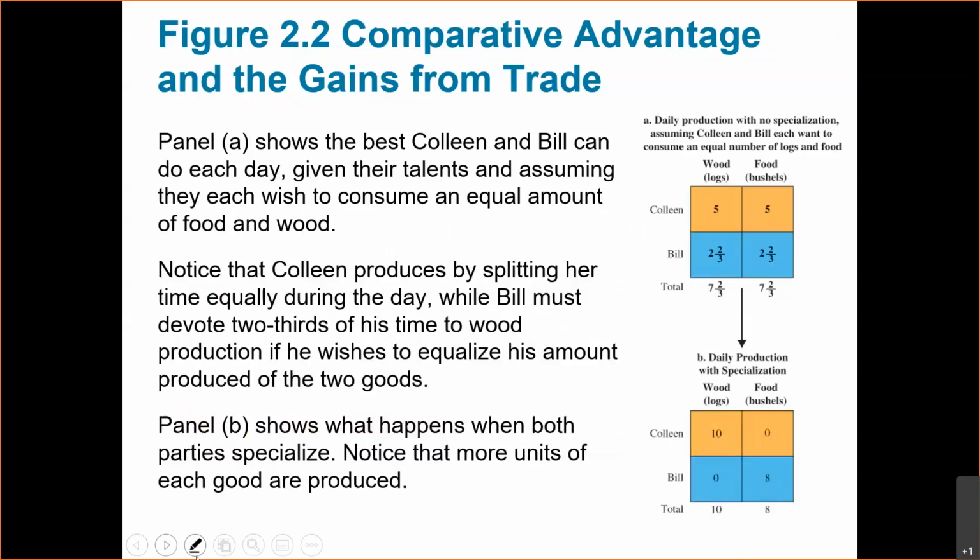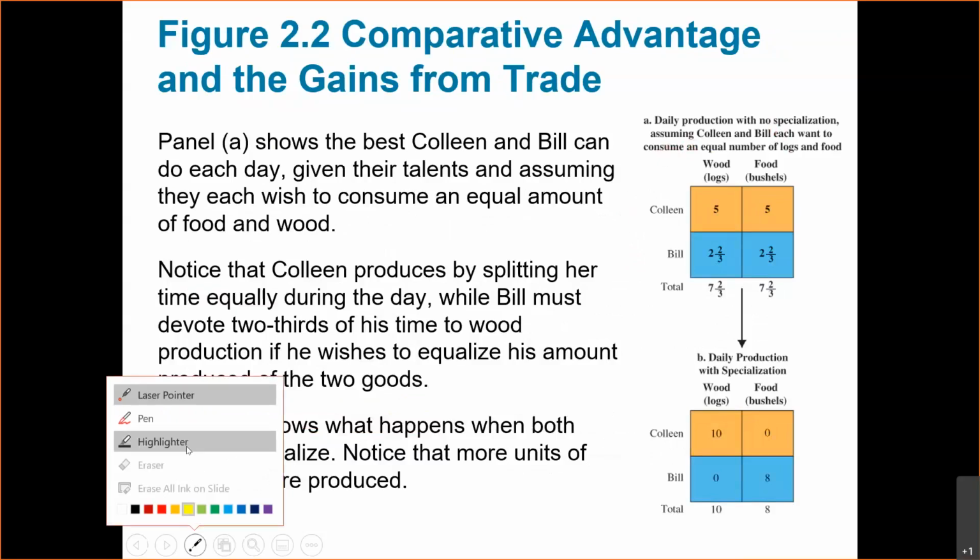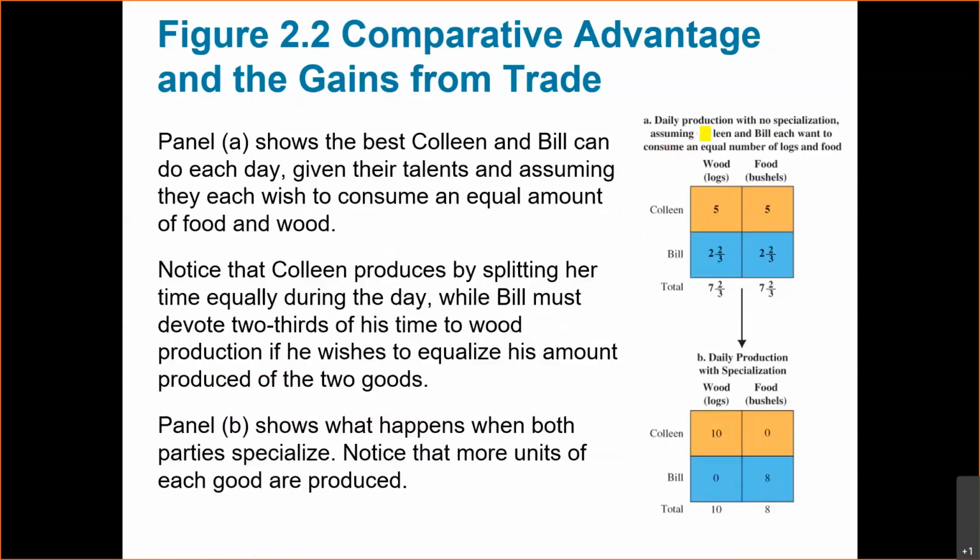Let's nerd this up. Let me show you how this works. Here we have 2 people, Colleen and Bill, and they each, and this is important, guys, we're going to need this later, want to consume an equal number of logs and food. So make sure you remember that.